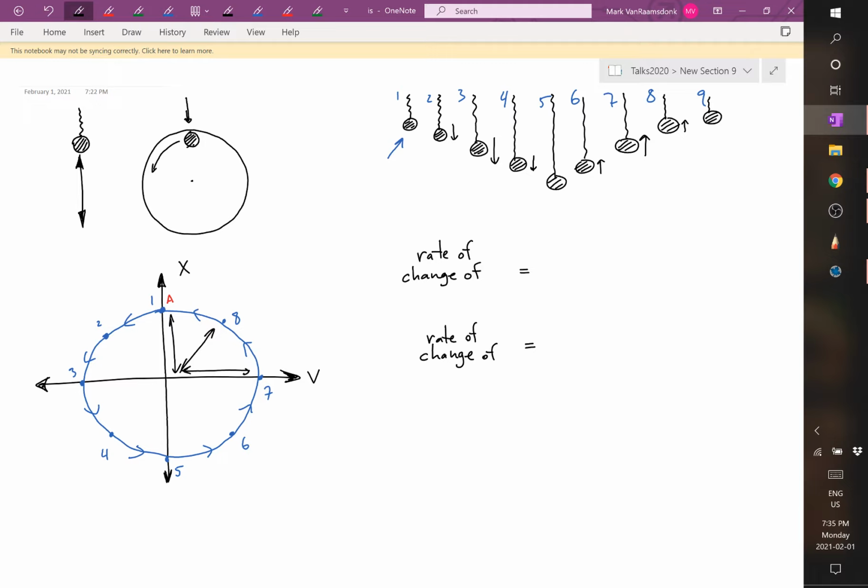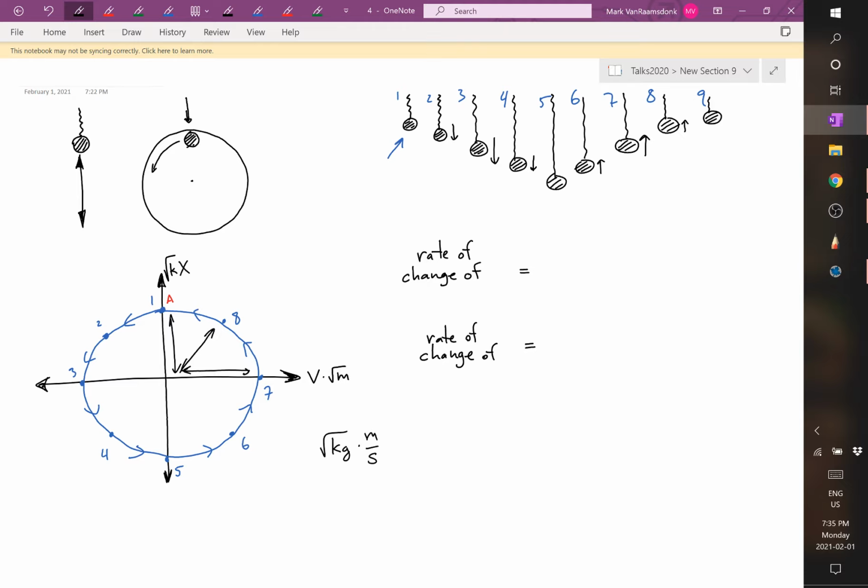But what I can do is make them have the same units by multiplying by some of our constants. So if instead I were to plot the square root of k times x and v times the square root of m, you can check that both of the things that I'm plotting have weird units of the square root of kilograms times meters per second. And now it does make sense to ask whether the path is circular.